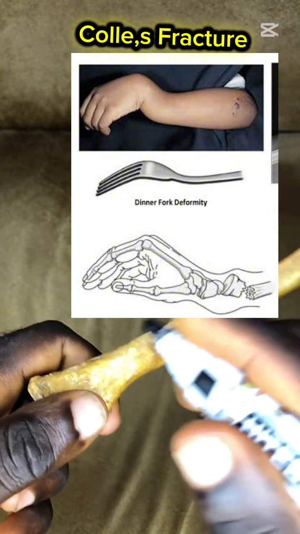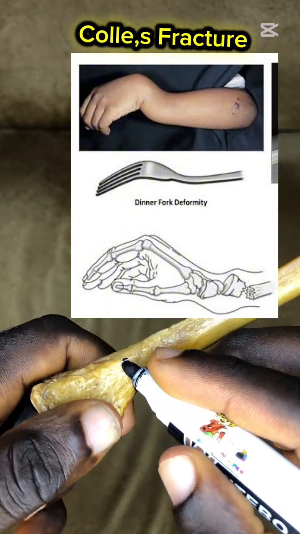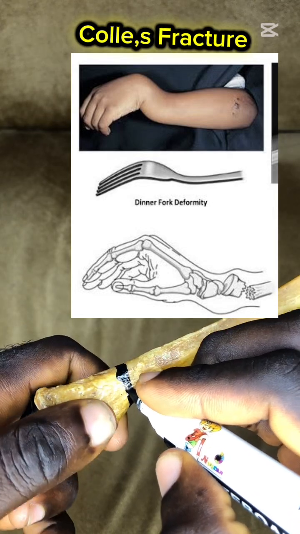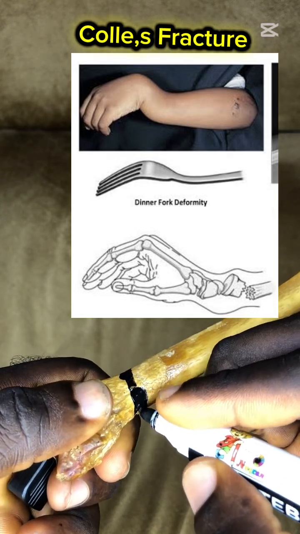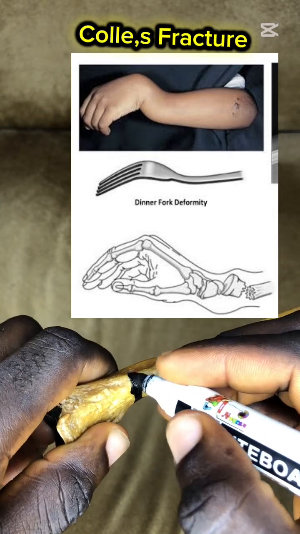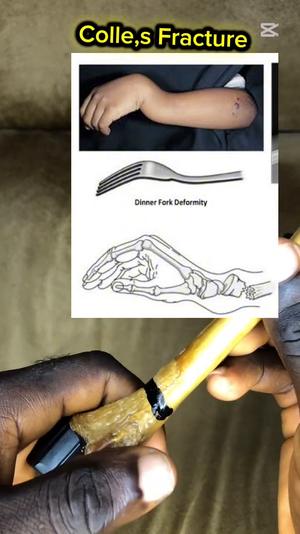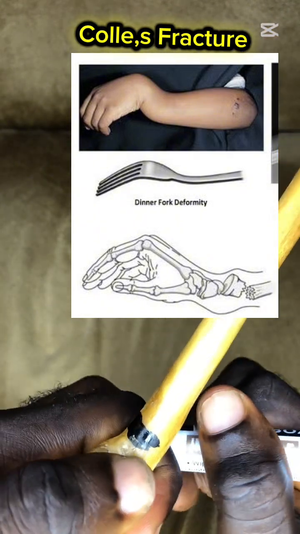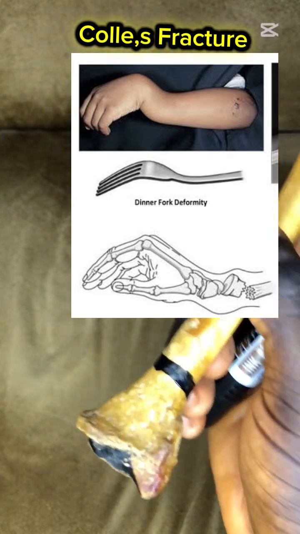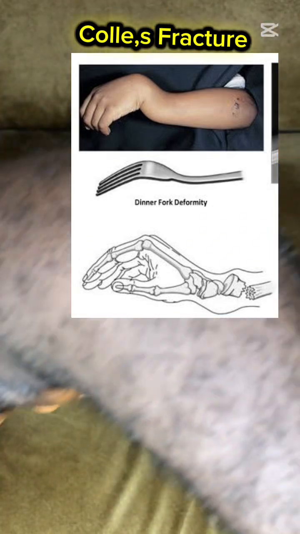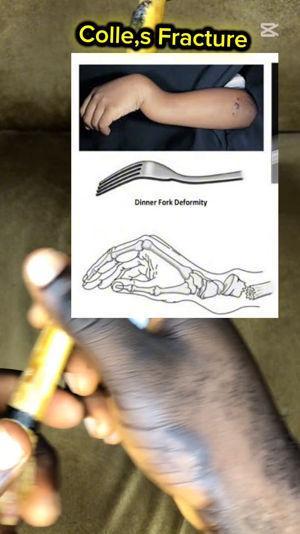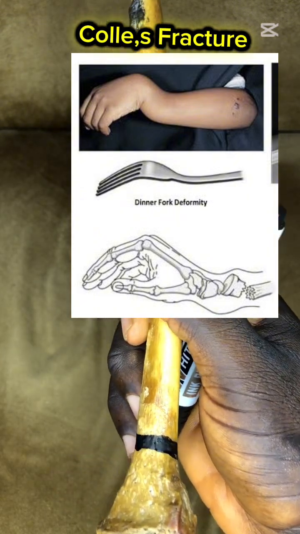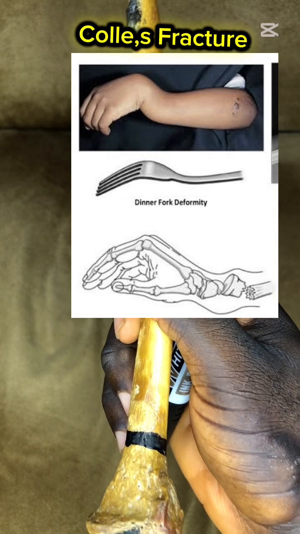If it fractures, the hand and the wrist will dislocate posteriorly, thereby presenting clinically a deformity called dinner fork deformity, right? The hand will be in this manner. So it will present dinner fork deformity.